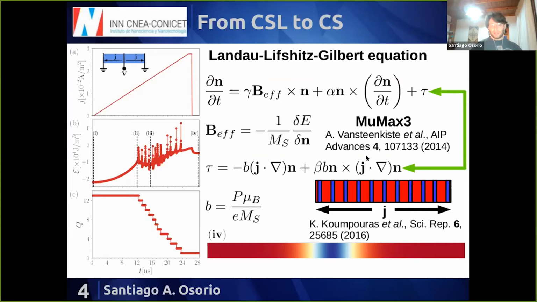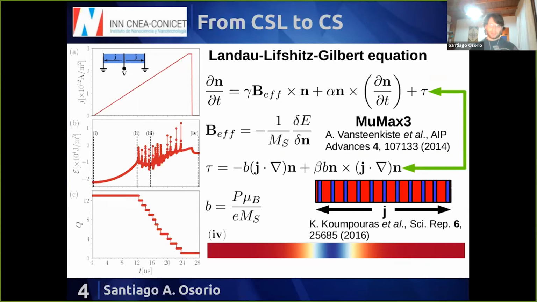J is the current density, and B is a parameter that accounts for the degree of polarization of the current, and beta is the non-adiabaticity constant. To integrate this equation, we are going to use the software MuMax, that provides an efficient framework to do this.